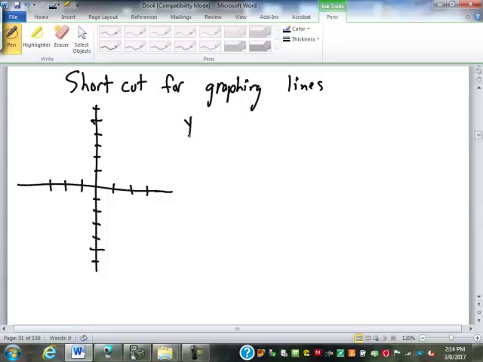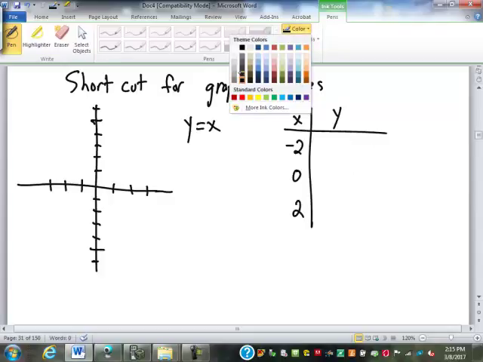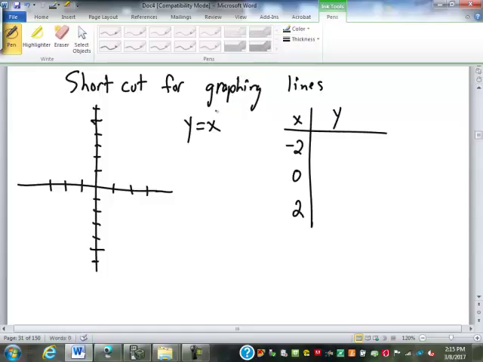Let's start out by graphing the line y equals x. We've done tables here, so let's do a quick table. Let's do like -2, 0, and +2. So if we have the equation y equals x, if x is -2, what's y have to be?